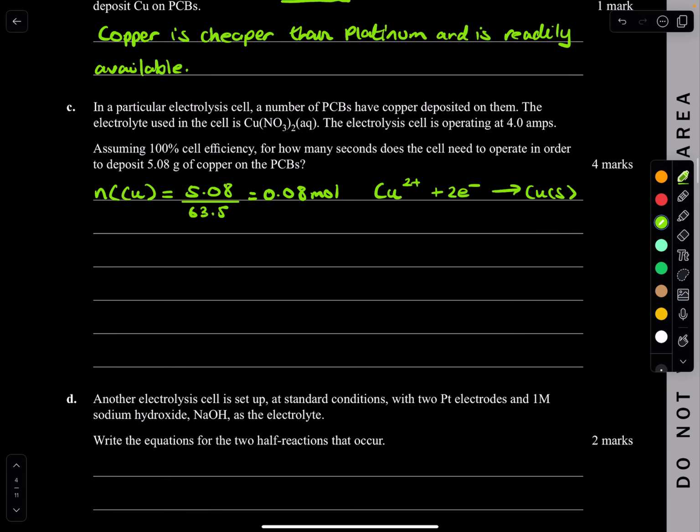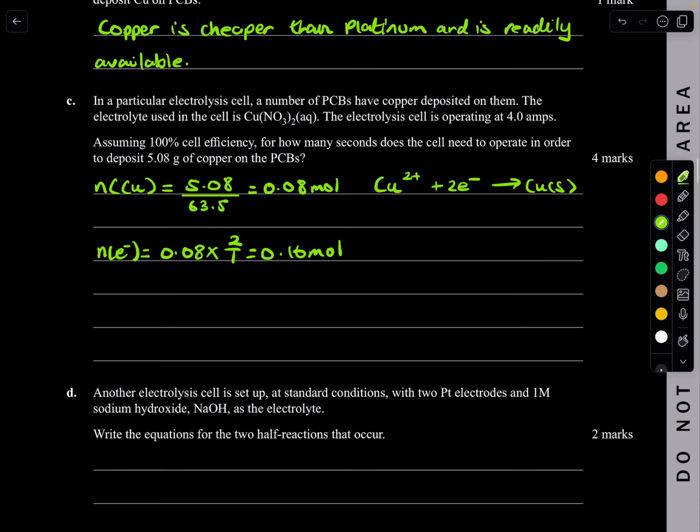Okay, so if I want to get the number of moles of electrons, it's going to be the moles of copper. What's the ratio? It's 2 to 1. So times that by 2, we get 0.16 mole. Now I can actually get the charge.